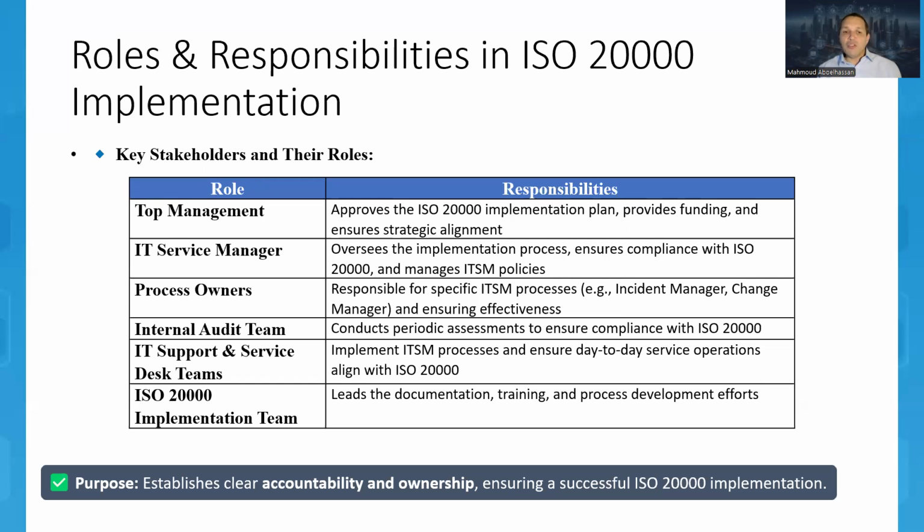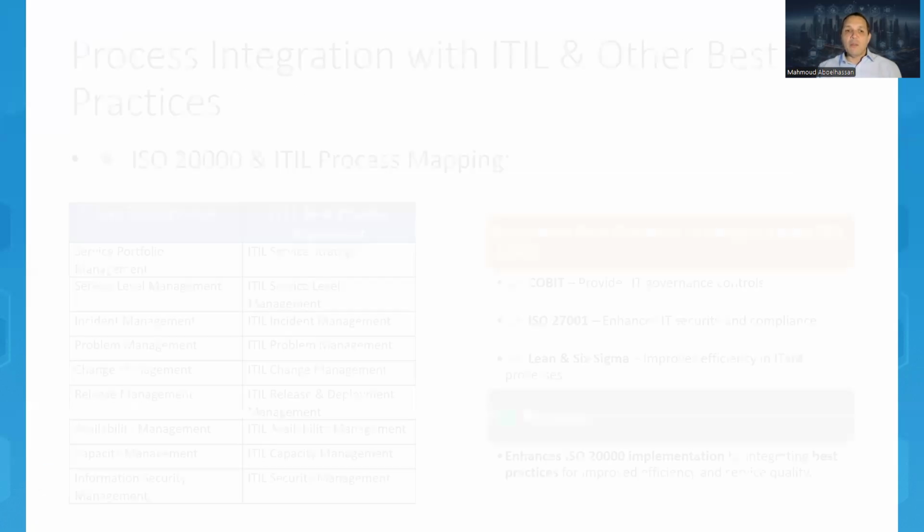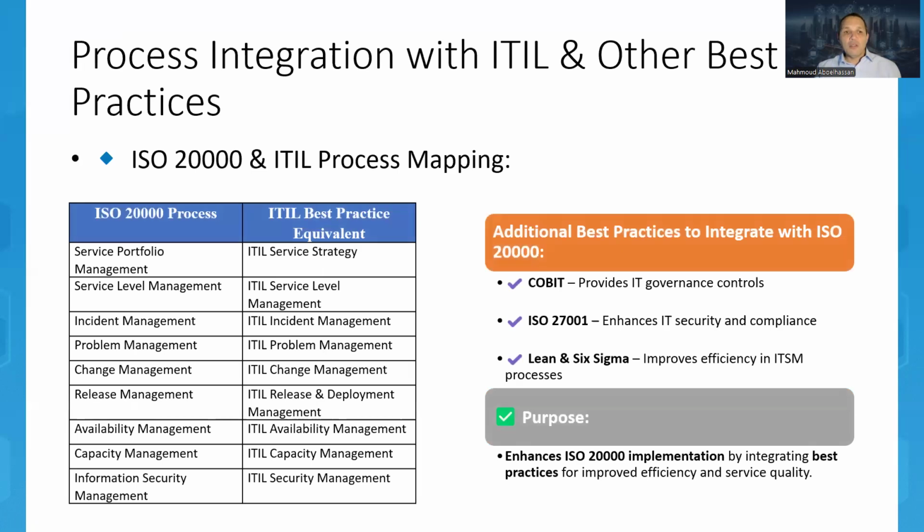Then the ISO 20000 implementation team leads the documentation, training, and process development efforts. So the purpose of roles and responsibilities is to establish clear accountability and ownership that will ensure a successful implementation of ISO 20000.